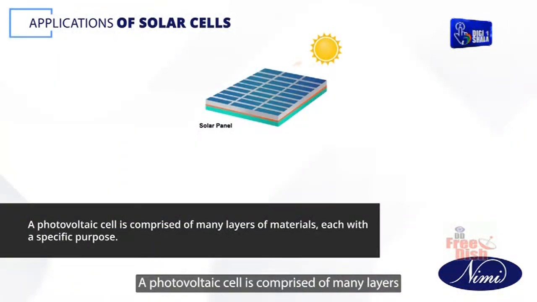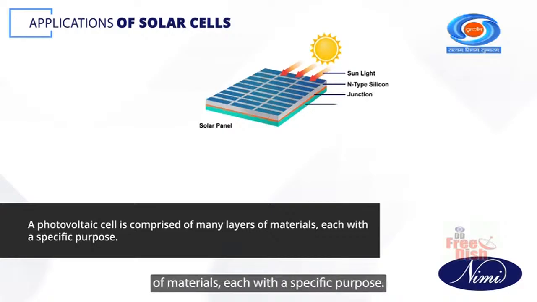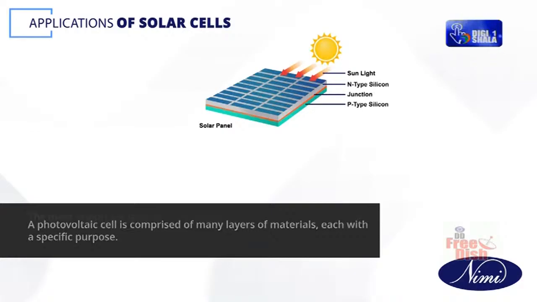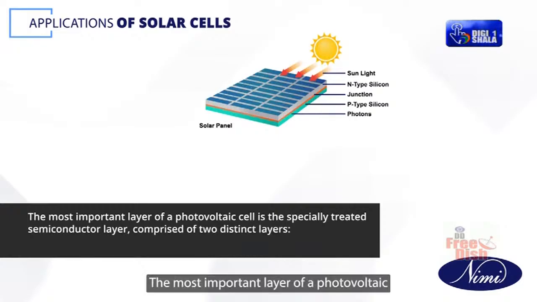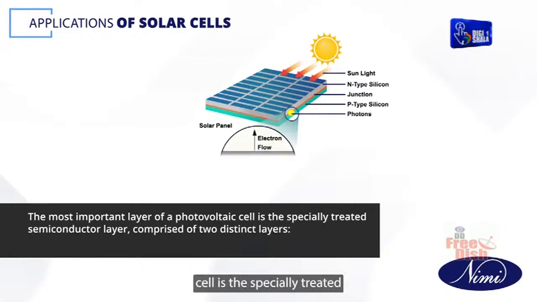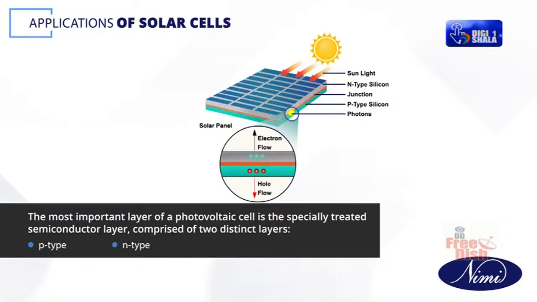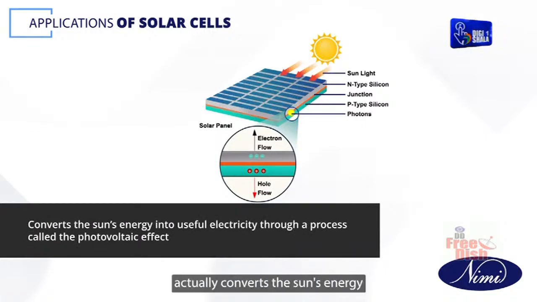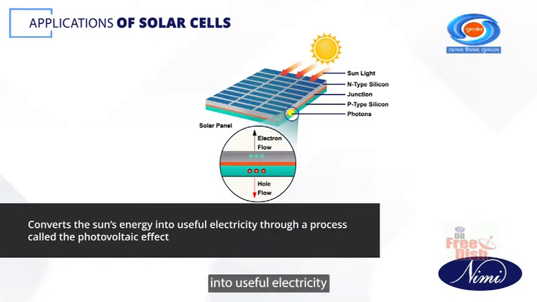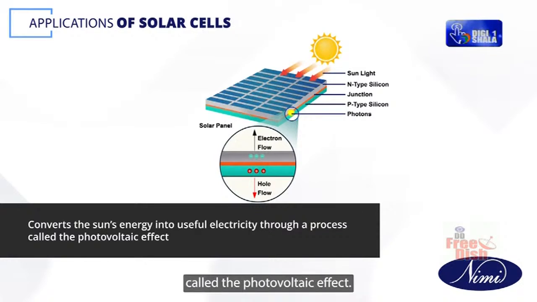A photovoltaic cell is comprised of many layers of materials, each with a specific purpose. The most important layer is the specially treated semiconductor layer. It is comprised of two distinct layers, P-type and N-type, and is what actually converts the sun's energy into useful electricity through a process called the photovoltaic effect.